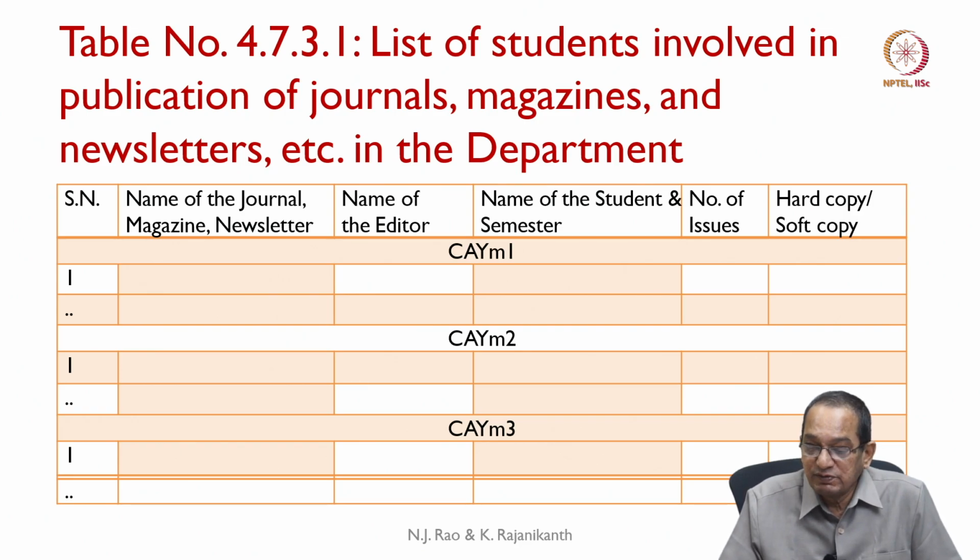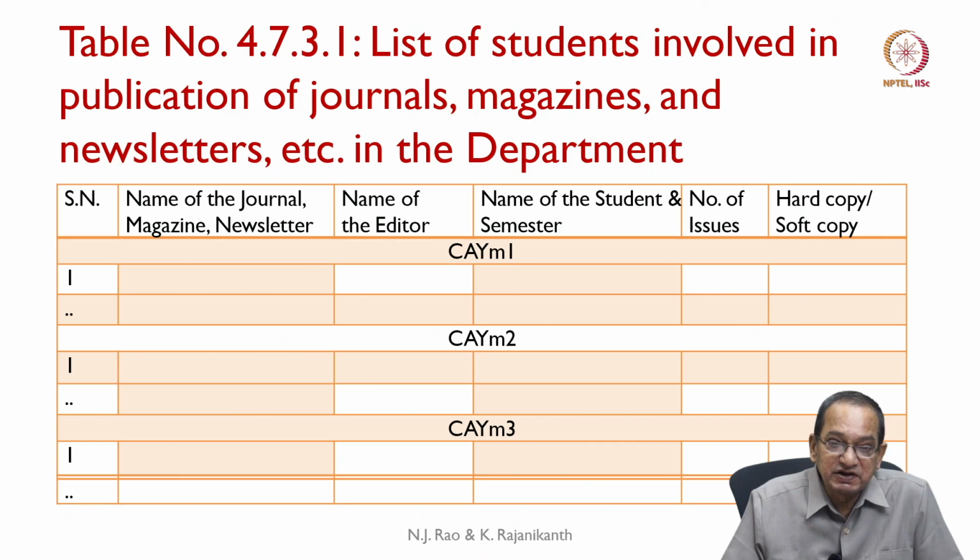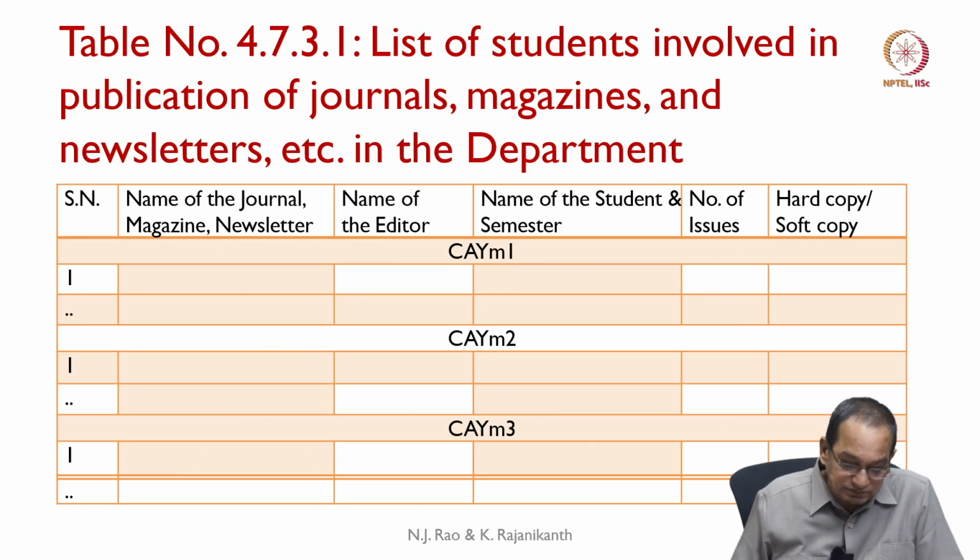The rest would be available as a soft copy, perhaps as a protected PDF, distributed electronically to all the students and faculty, and also to the students of the allied departments. That is the general practice, but whatever practice you follow, you have to provide evidence of that, and you must have samples available indicating the nature of the journal, magazine or newsletter published.